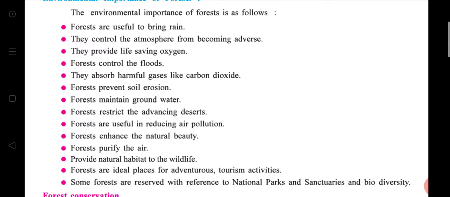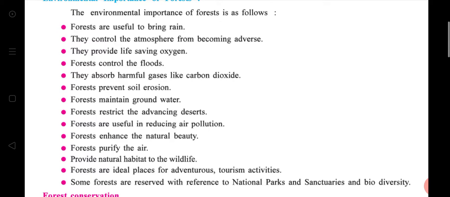Trees absorb our carbon dioxide and provide oxygen, then prevent soil erosion, maintain groundwater, restrict the advancing desert, and are useful in reducing air pollution. See, students, this is also important.